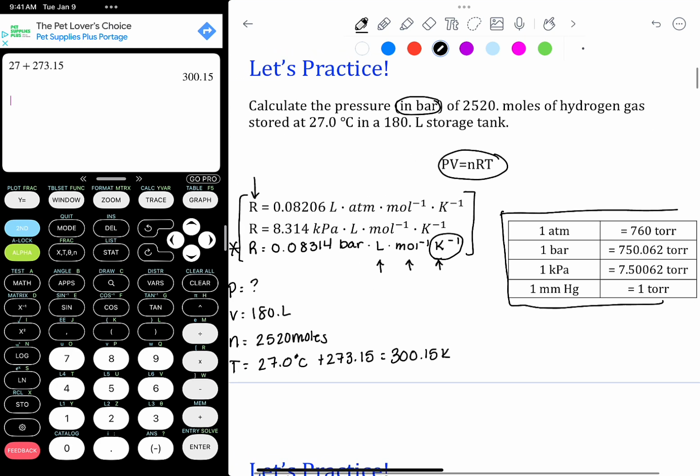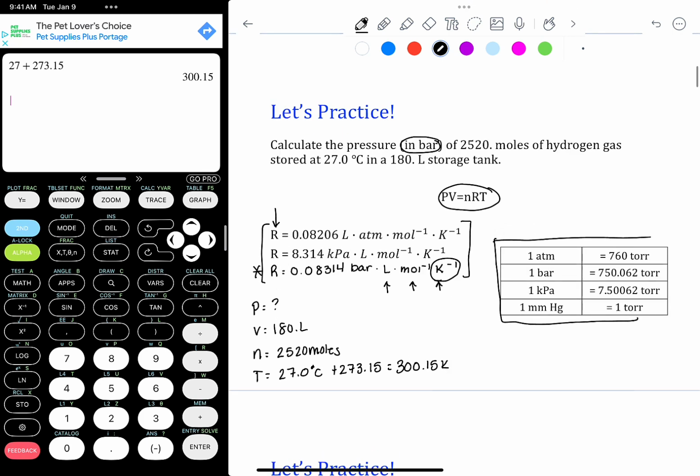So let's use these variables and plug them into our PV equals nRT expression. So we have P, which we're solving for. We have V, which is 180. Then we have N, which is 2520.